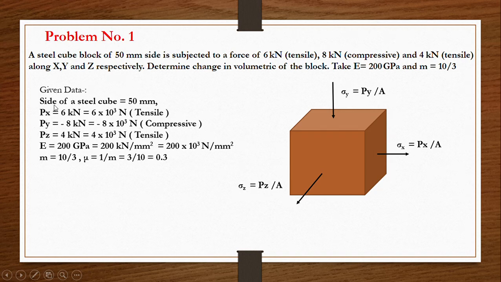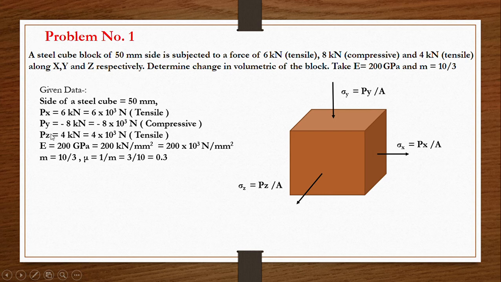We have the side of the steel cube as 50 mm, and the force on the x axis is 6 kN, so 6 into 10 raised to 3 Newton. It is tensile, so we take it as positive. In the y direction it is 8 kN compressive, so I wrote minus 8 kN, as it is compressive I am taking the negative sign.